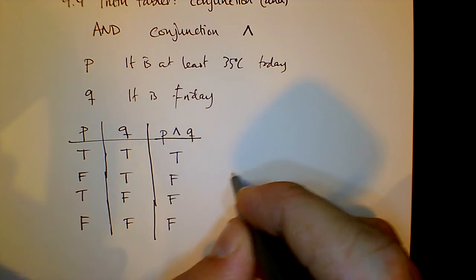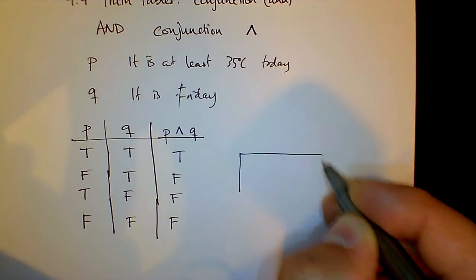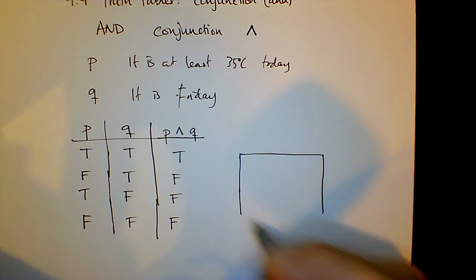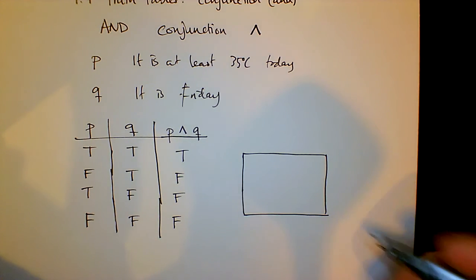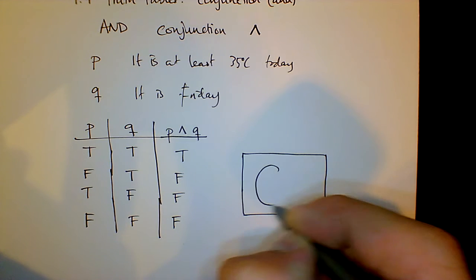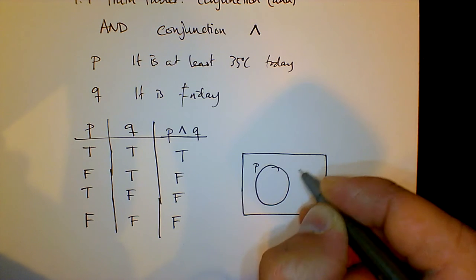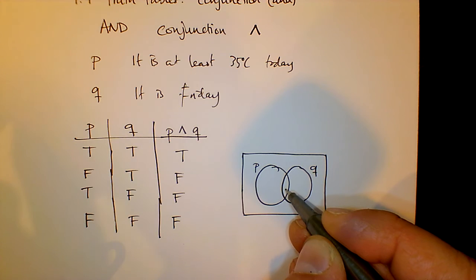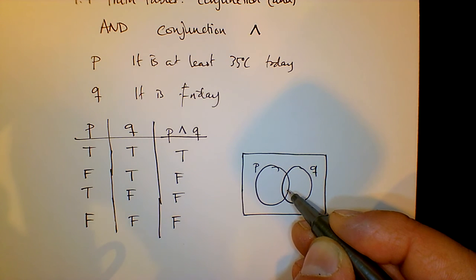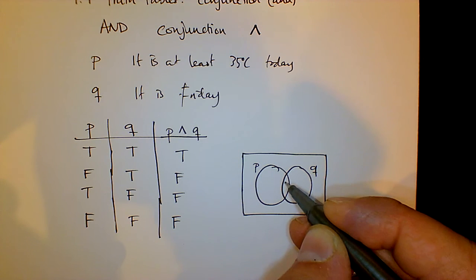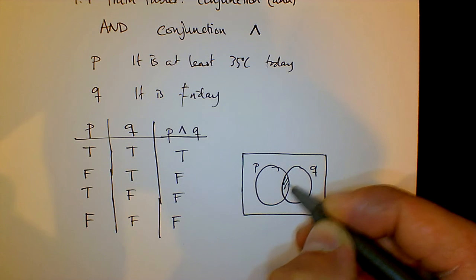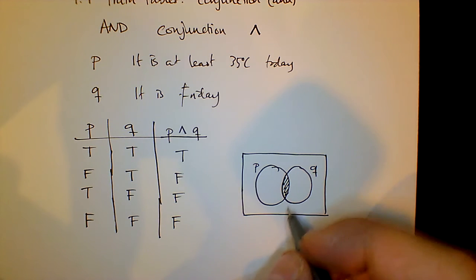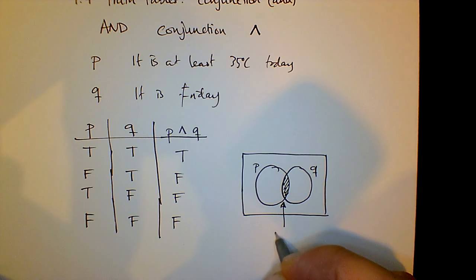Okay, so how can we represent this in a Venn diagram? So if we assume that we draw a circle for P and one for Q, then this is the case where it is at least 35 degrees Celsius today and it is Friday. That's this one. And that's also what we call the conjunction.